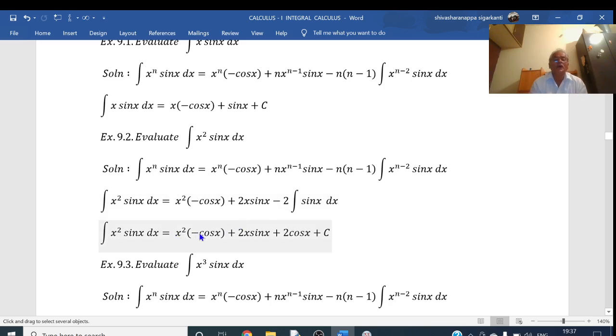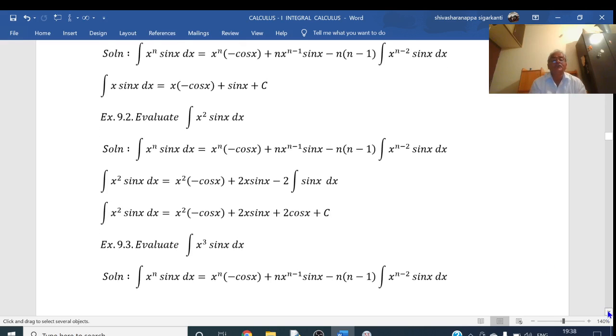This is equal to x square into minus cos x plus 2x sin x minus 2 into the integration of sin x, which is minus cos x. So minus into minus becomes plus cos x, plus the constant of integration c.